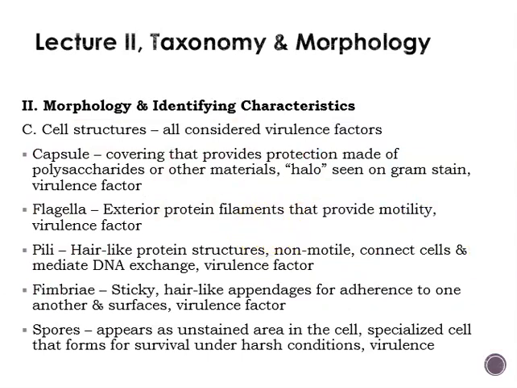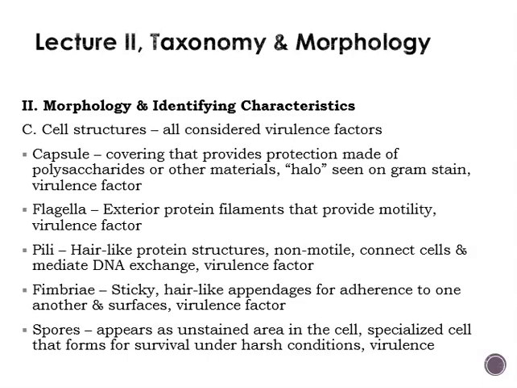So some other morphological structures can be seen on the gram stains that can help us with identifying organisms. A capsule, so these are different cellular structures. A capsule is a covering. It sometimes gets referred to as a slime layer. Usually it does not stain, so what you'll see on the microscopic slide is a halo around the bacteria on the gram stain.